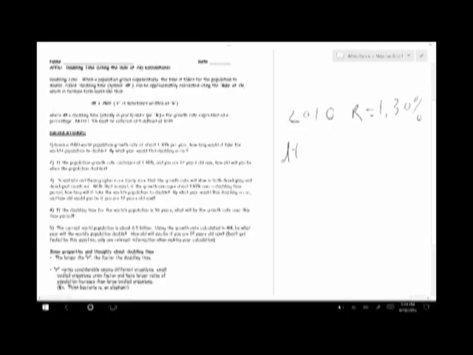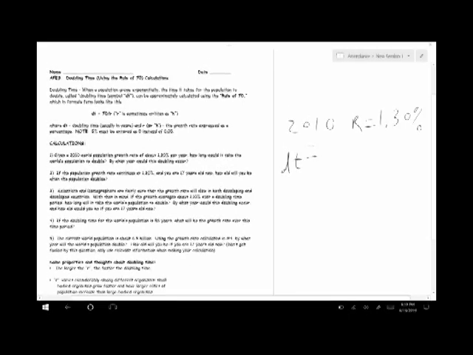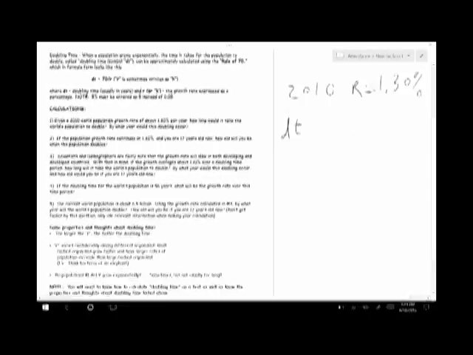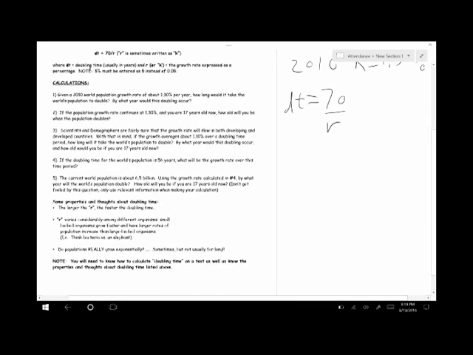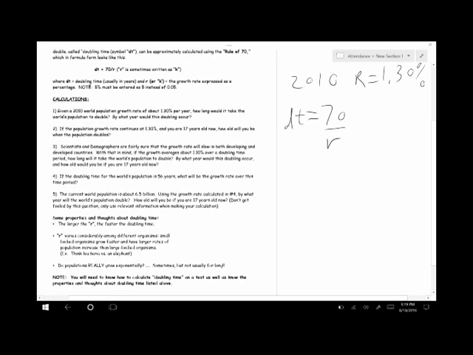DT equals 70 divided by R. So we want to find the doubling time. Our unknown variable here, DT, is what we're looking for, and our known variable is R with the 1.3%.